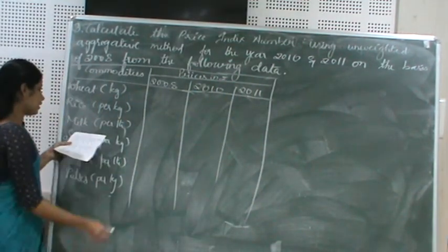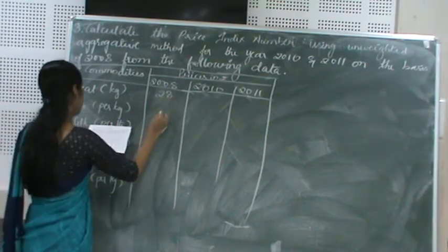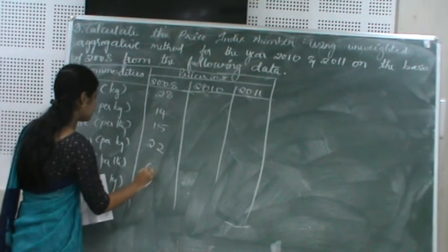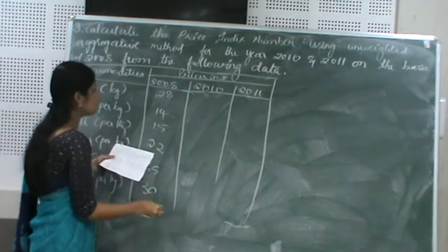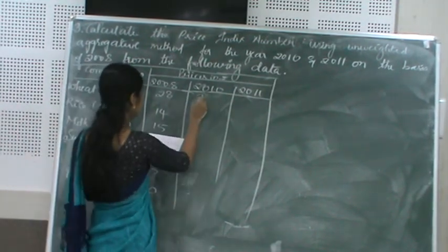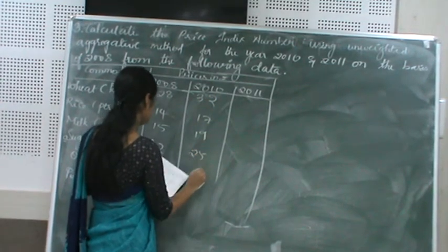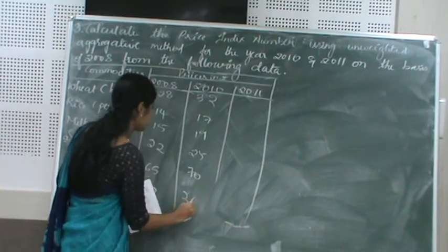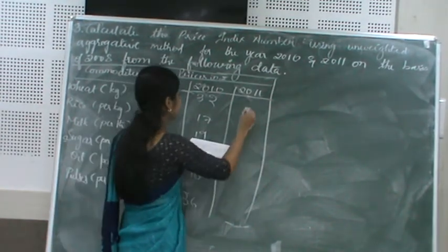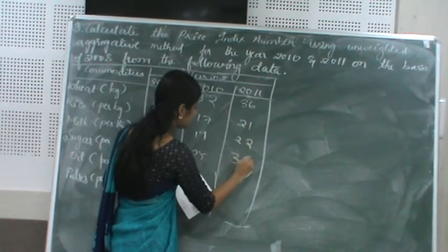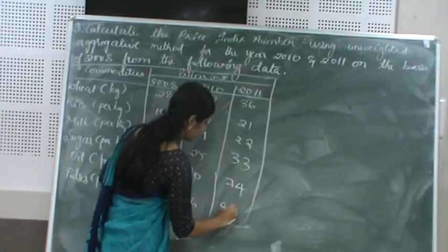The prices in 2008 are 28, 14, 15, 22, 65 and 30. Next in 2010 it is 32, 17, 19, 25, 70 and 36. Next in 2011 it is 36, 21, 22, 33, 74 and 44.